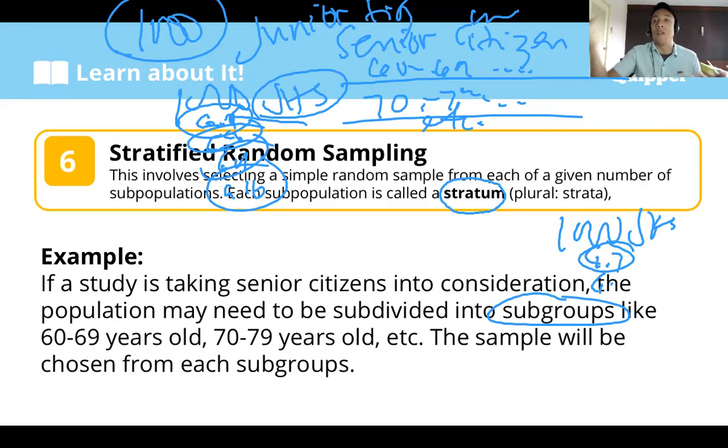Okay, kumbaga ilagay mo yung lahat ng grade 7 dito, and kukuha ka lang ng, for example, your target is only 400. So kukuha lang ng 100 sa grade 7, 100 sa grade 8, 100 sa grade 9, 100 sa grade 10. Did you get it? And this is stratified. I-divide mo muna into subgroups, tsaka mag-random sampling. Okay? That is stratified random sampling.